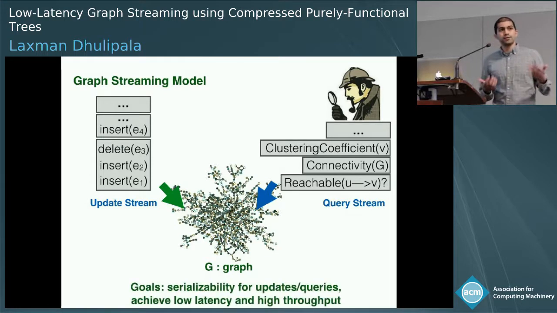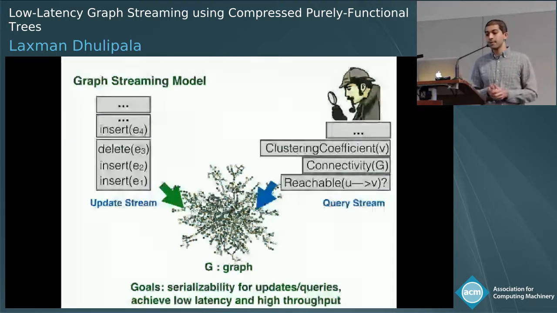The goal for a graph streaming system is to achieve serializability for both the updates and queries. This is the gold standard that we're shooting for, and to achieve both low latency and high throughput for the updates and the queries. So the queries should behave similarly to how they would perform on a static graph processing system, and the updates should be applied in near real time and made visible to any new queries that arrive online.